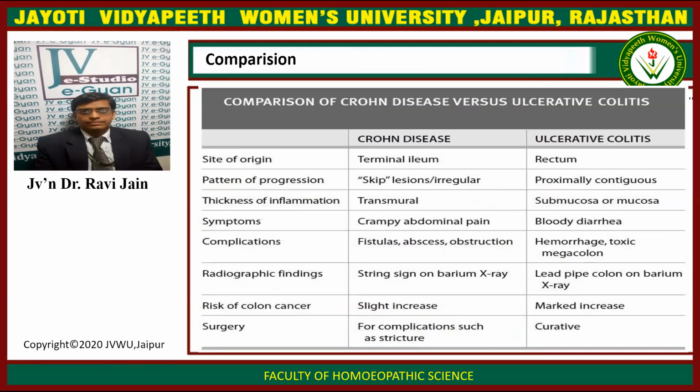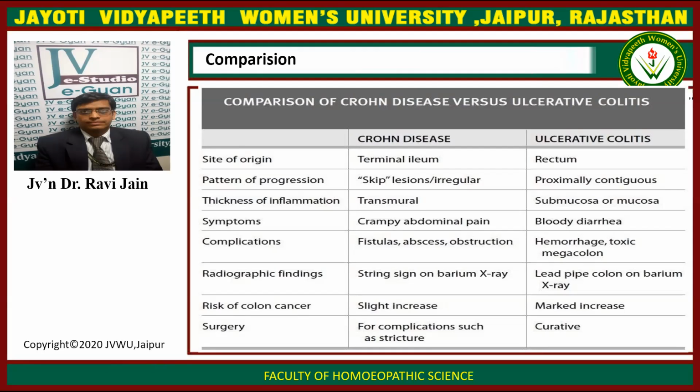The symptoms in Crohn's disease are crampy abdominal pain, whereas in ulcerative colitis we have bloody diarrhea. The complications in Crohn's disease are fistulas, abscess, and obstruction, whereas in ulcerative colitis we have hemorrhage and toxic megacolon. The radiographic finding in Crohn's disease is the string sign or barium X-ray, whereas in ulcerative colitis we have the lead pipe colon or tube on X-ray.